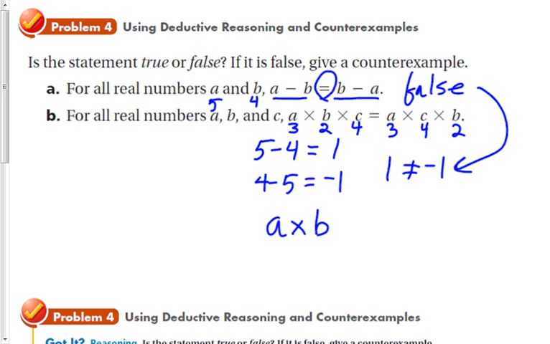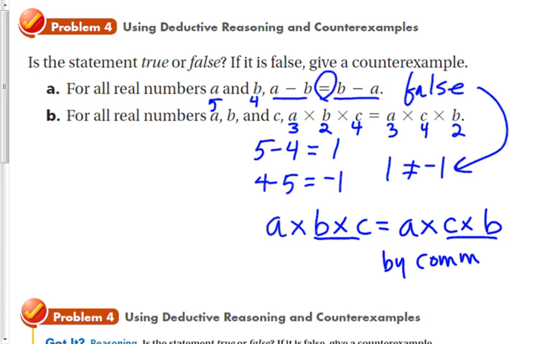And you could see that either way you multiply those, you're going to get 24. But all you need to say is this, that is equal to that by the commutative property of multiplication. All right, try the last problem and check back with your answers.